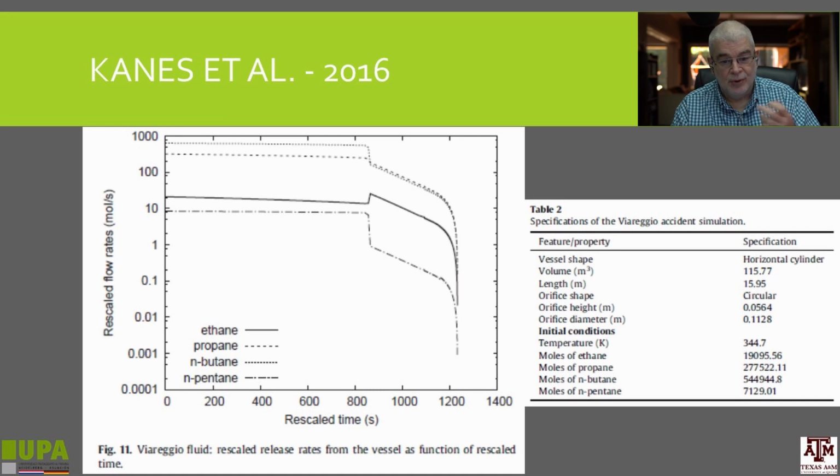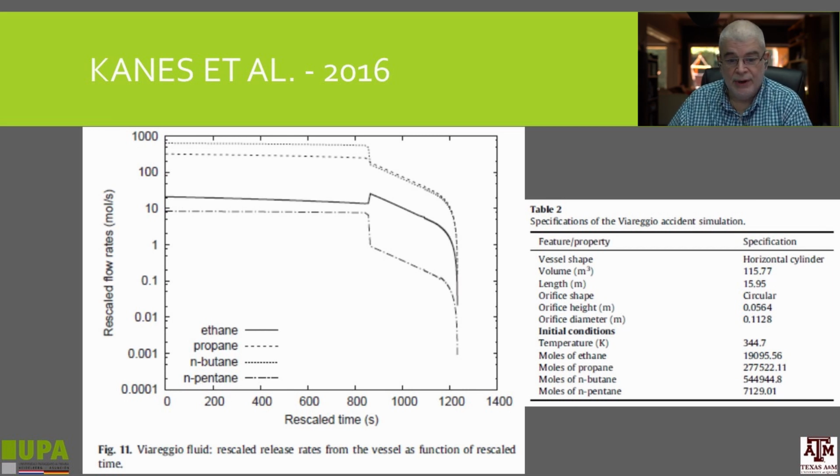And of course, because it was an accident, there is no experimental data as such, but other people tried to model this, and we compared our results to their results with excellent agreement, and we calculate how the temperature and the pressure changed over time during the leak. The leak was initially from a liquid phase within the tank, and then, because the liquid level was lowered, at the end it was from the vapor phase.